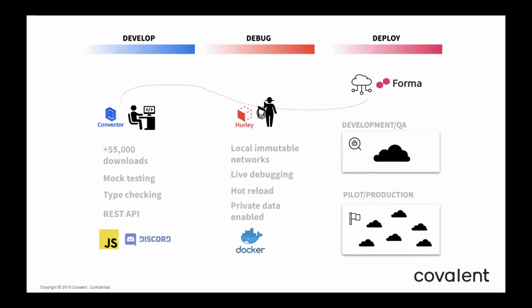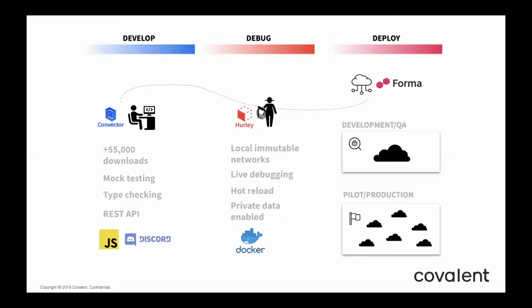We also offer Hurley, which is also open source. You can use Hurley to install a Fabric network in your local to test your contracts, the contracts that you use with Convector. Actually, we have a Convector CLI, and it already comes enabled with Hurley. So you can just start a network in minutes instead of figuring out how do I start a network to test the contract that I'm doing.